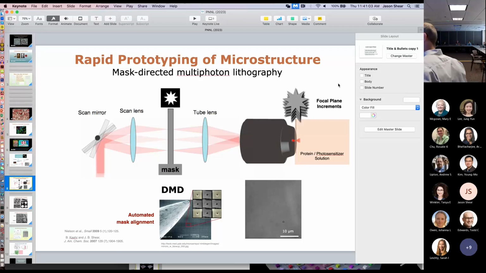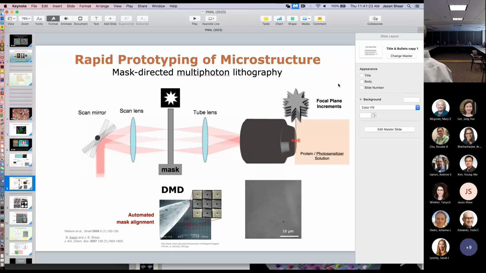And so one technique that my student Brian took at the time was basically to just print out a mask on a transparency. So maybe something that looked like this, multi-pronged star. You could focus then using this light into a fabrication solution.